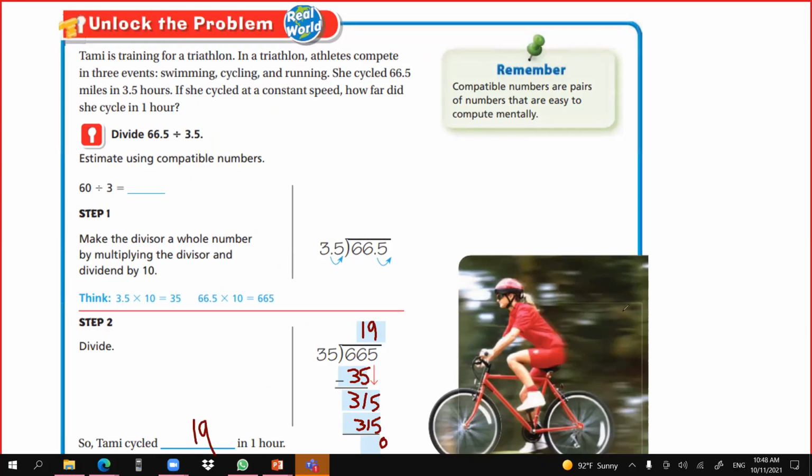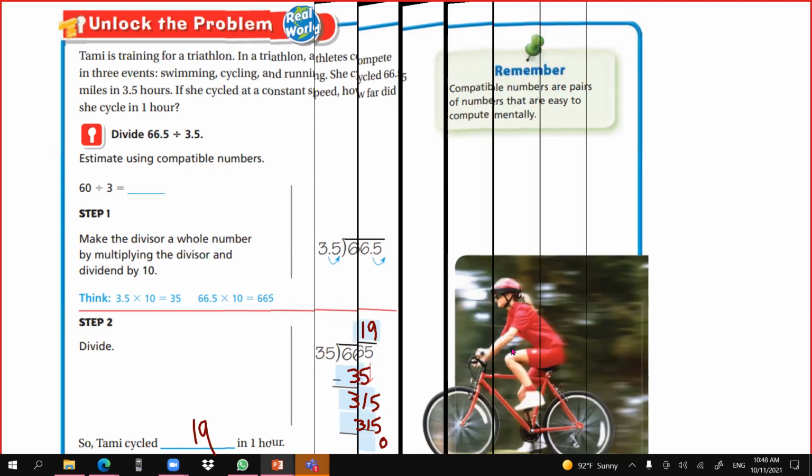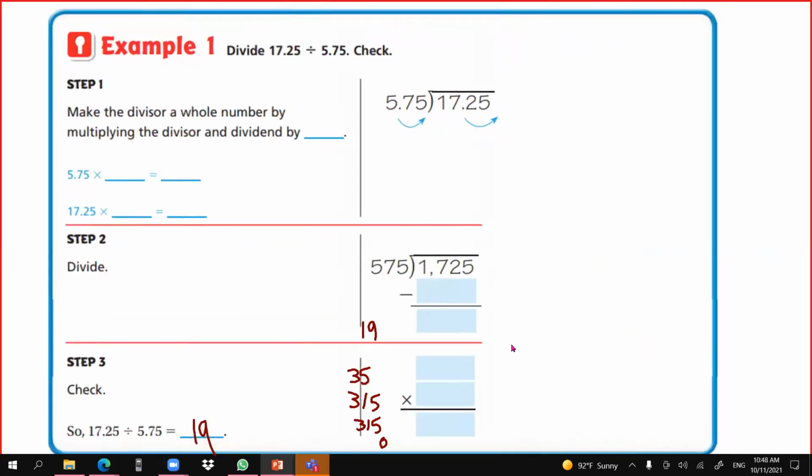And now, the next example. Here, divide 17.25 by 5.75. You have a decimal point and you have to move it. This is the dividend. I wrote it as 17.25 divided by 5.75.